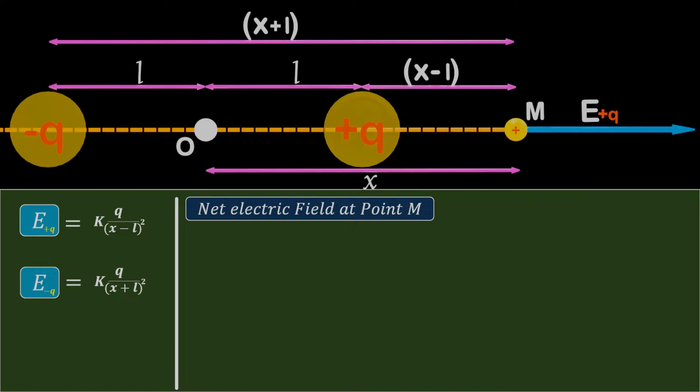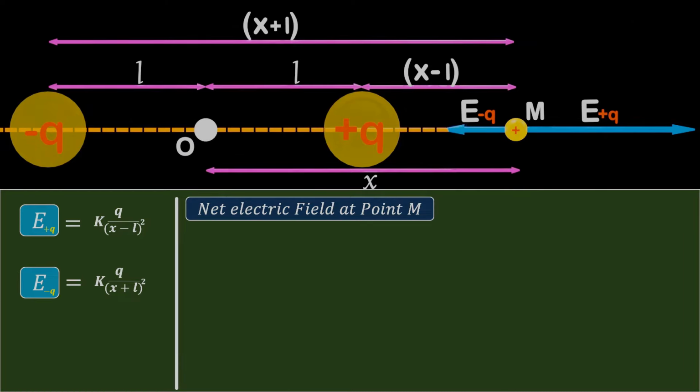Similarly, if we talk about the electric field at point M due to a negative charge, it will be directed radially inward, and its effect will be weaker in comparison to the electric field generated by a positive charge. This is because point M is located at a greater distance from the negative charge. We will represent this weaker effect with a shorter arrow.